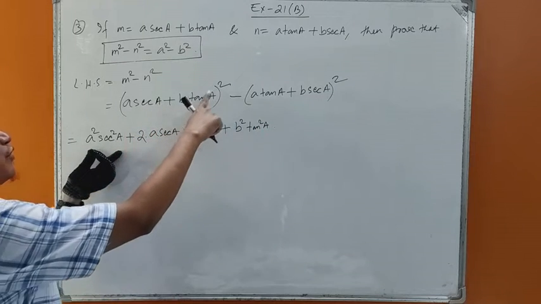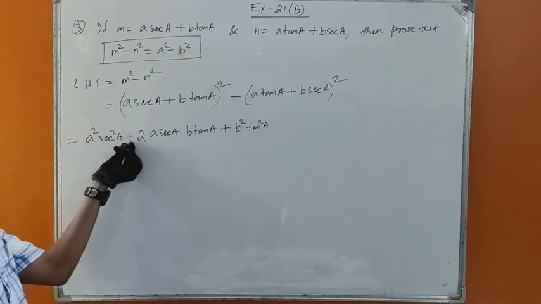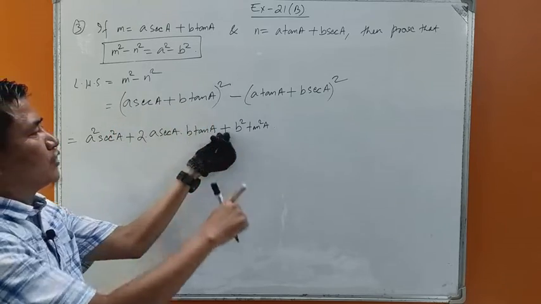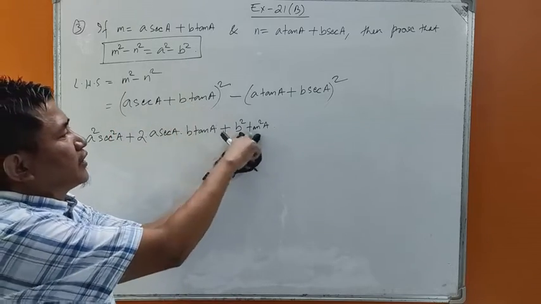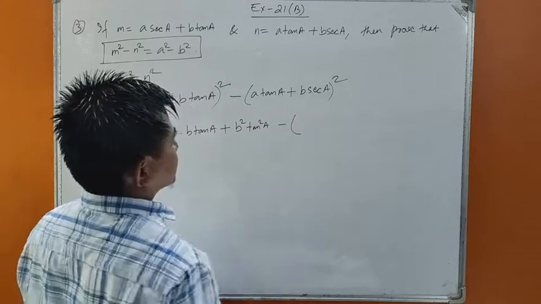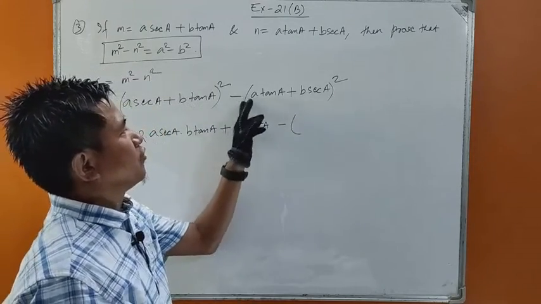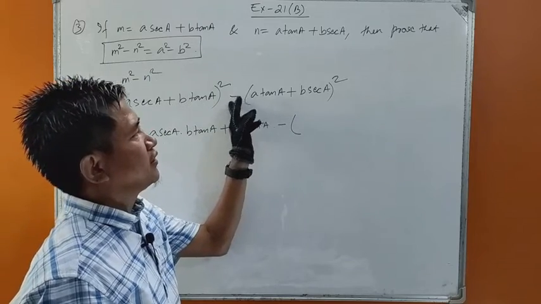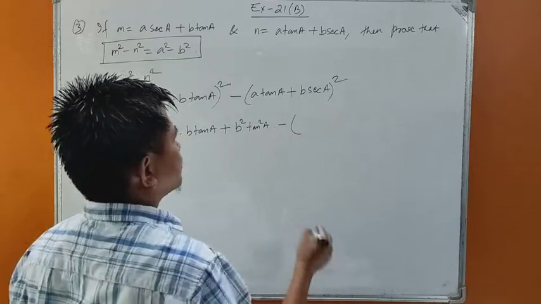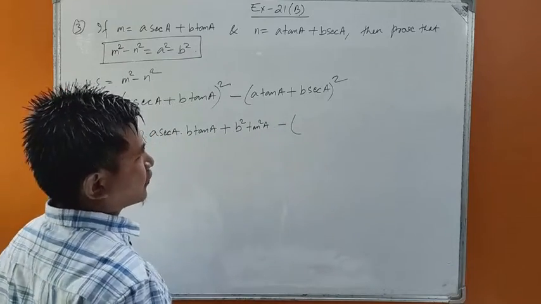A plus b whole square means a square plus 2ab plus b square tan square a minus, so let's put bracket, because when there is minus sign, the sign of every number changes, isn't it? So let's put bracket first and then we'll begin, okay.